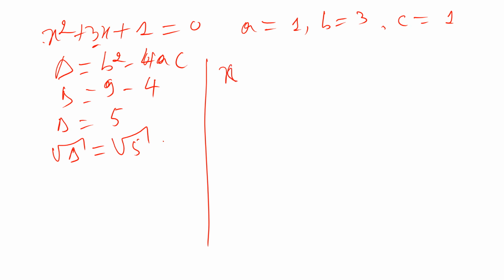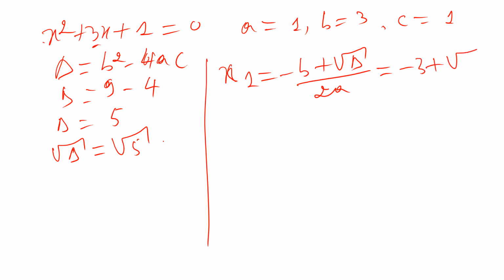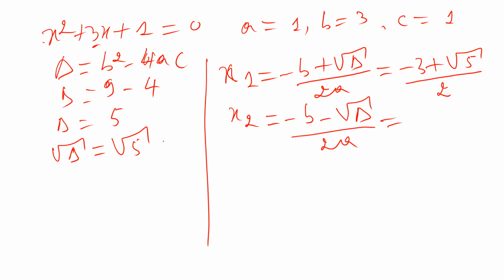x1 is equal to minus b plus square root of delta over 2a, equals b is equal to 3, it is negative 3 plus square root of 5 over 2a, 2. Then x2 equals minus b minus square root of delta over 2a, equals negative 3 minus square root of 5 over 2.